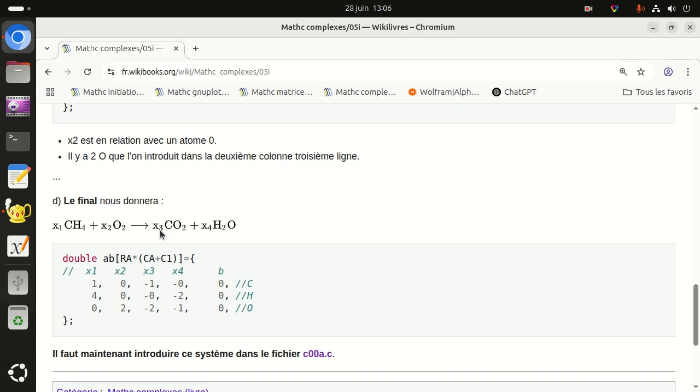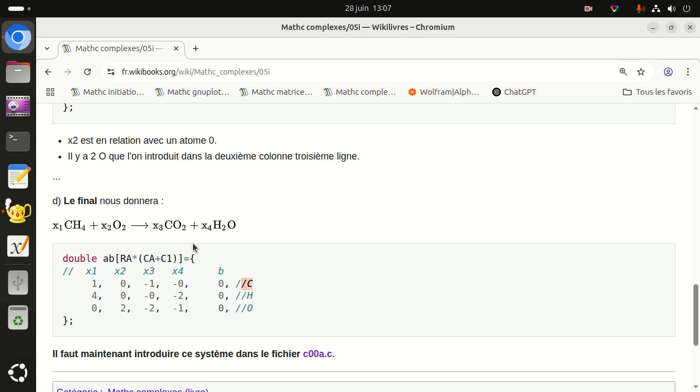Now I work with the right part of my chemical equation. This is the third element. I copy in this third column the element. I have 1 carbon, I put 1 carbon. I have 2 oxygen, I put 2 oxygen.